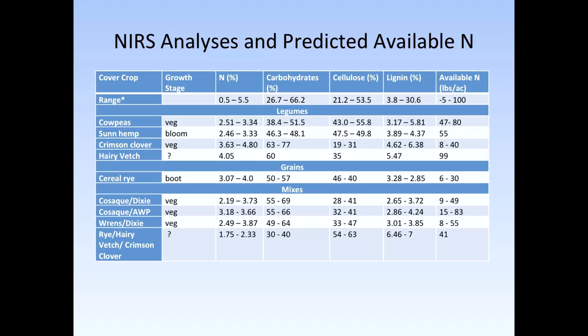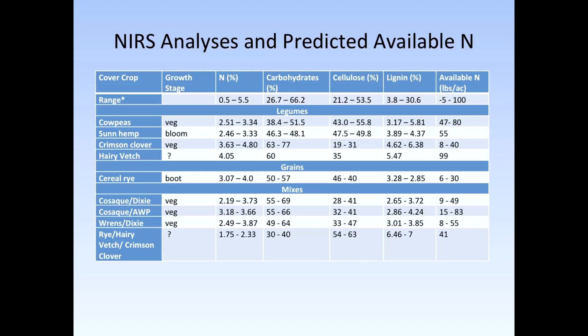But the take-home point of all this data is just what Chris was saying: how much available nitrogen you're getting out there is driven by biomass. If you've got 4% nitrogen and you've got 500 pounds per acre, who cares? It's just not going to be very much. So it really is biomass driven, and that's why you can see huge ranges in some of the predictions, like that COSAC Austrian winter pea, 15 to 83.